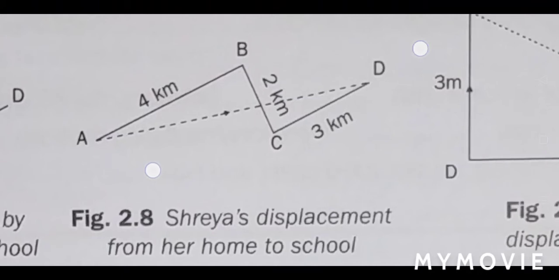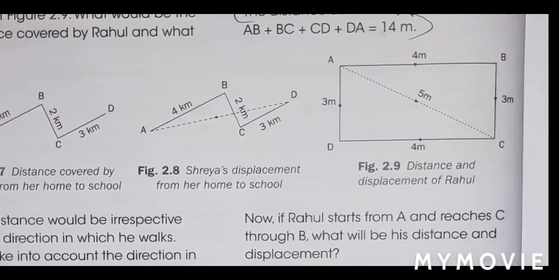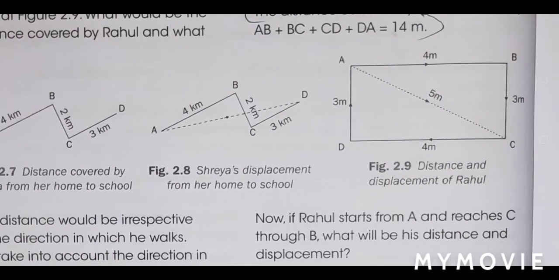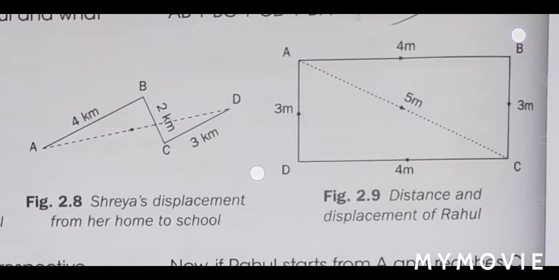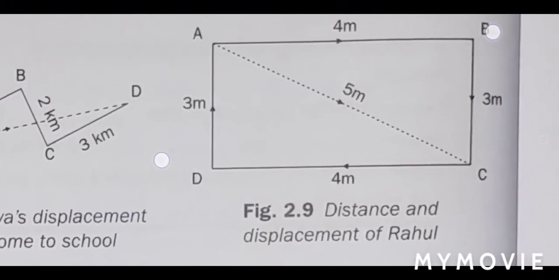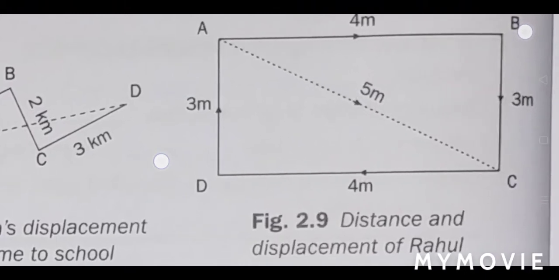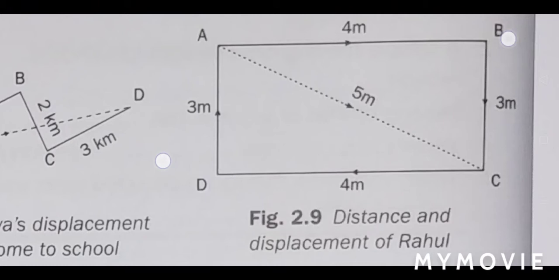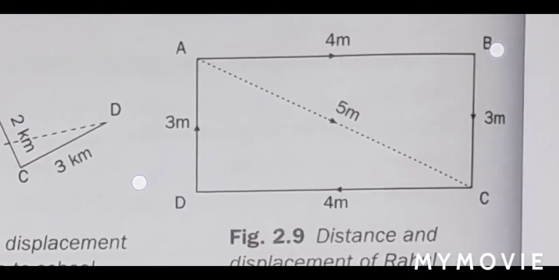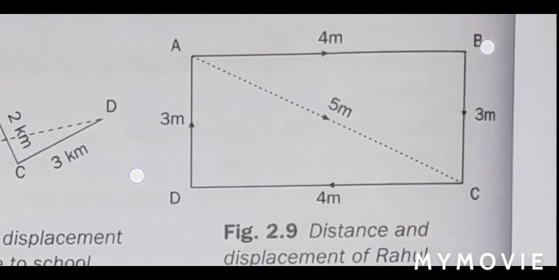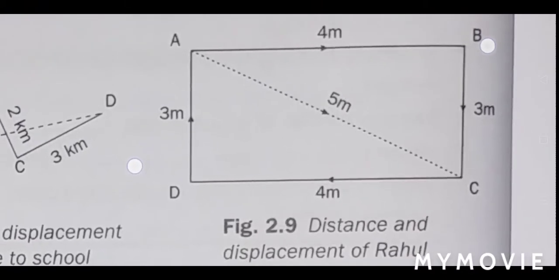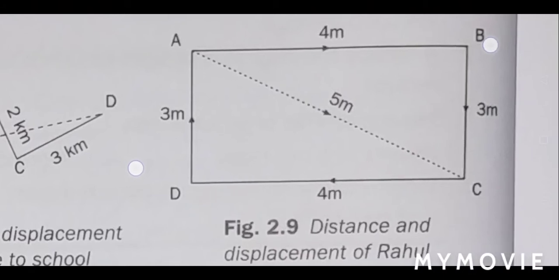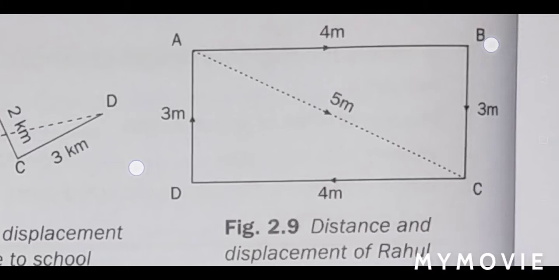Now another example is given, Rahul. You can see another third diagram. Rahul travels from point A to point B, again from point B to C, from point C to D, and finally he reaches point A again. Now when we calculate the distance traveled by Rahul, we have to add AB plus BC plus CD plus DA.